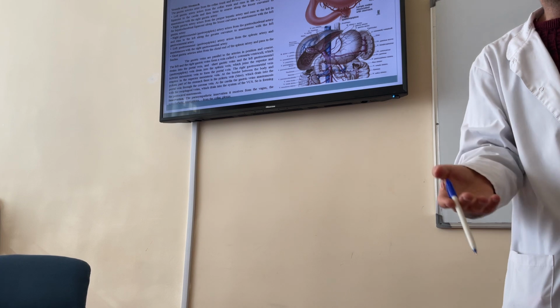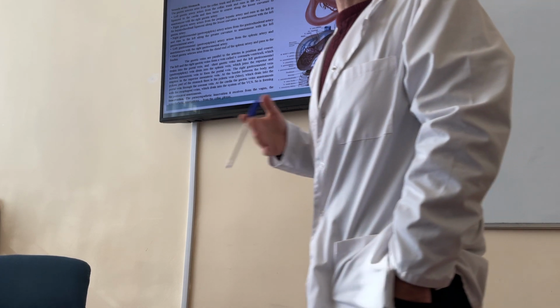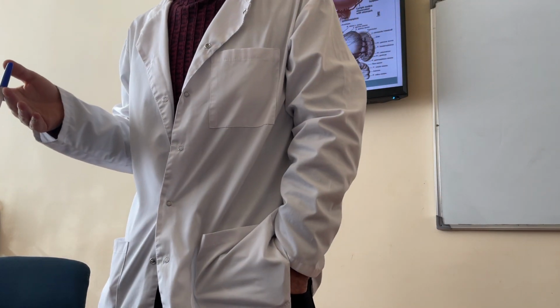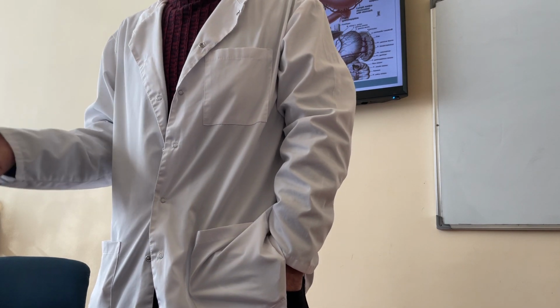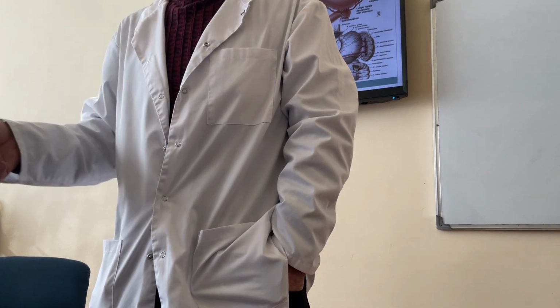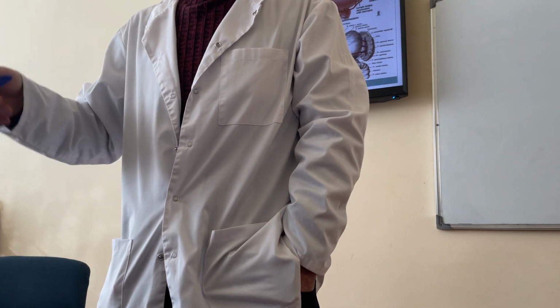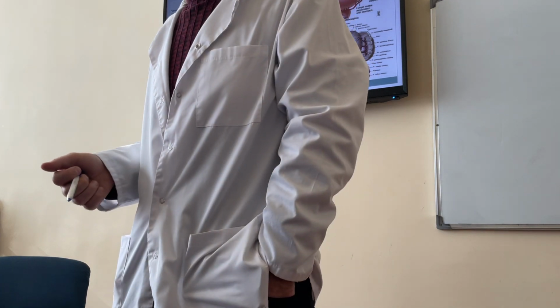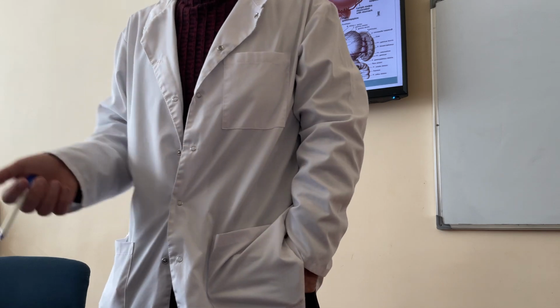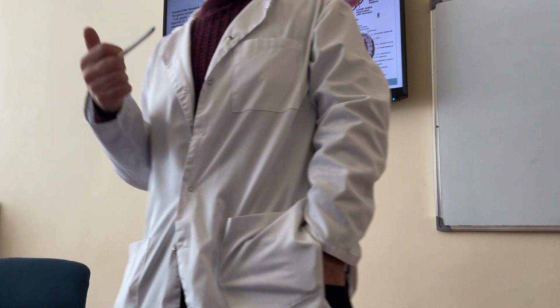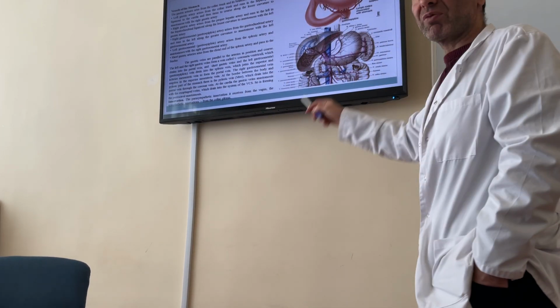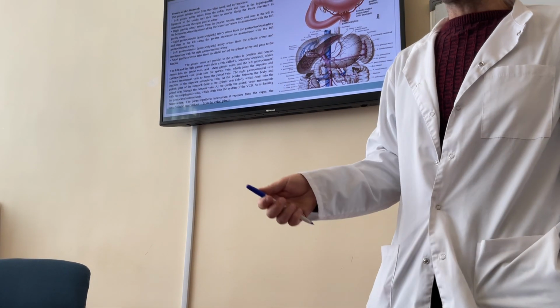All these veins, by the way, you can ask me now, how do they drain into these veins? Into the splenic vein, they drain immediately, because from the gastrosplenic ligament they come to the spleen and drain into the splenic vein, which is located in the hilum of the spleen. Same for the short gastric veins. But a little bit of complication you will have with the superior mesenteric vein. How will it go?